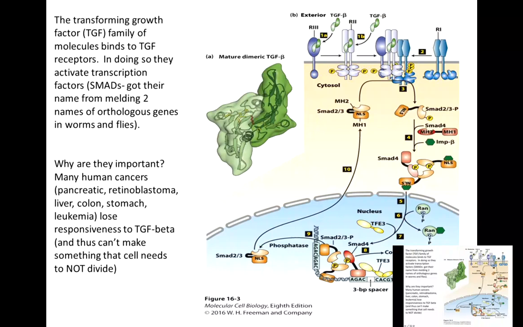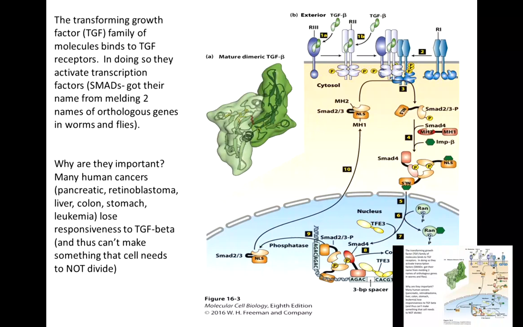Once you have transforming growth factor bound to either R3 or R2, depending on the cell type, and then recruiting R1, you have a kinase complex on the inside of the cell. It's going to start phosphorylating stuff, okay? And you've seen that sort of thing before. In this case, the thing that is phosphorylated is called a SMAD.